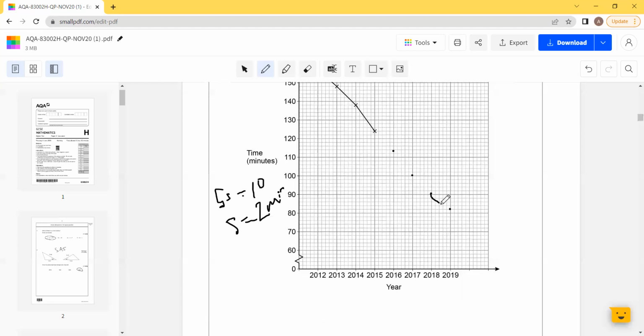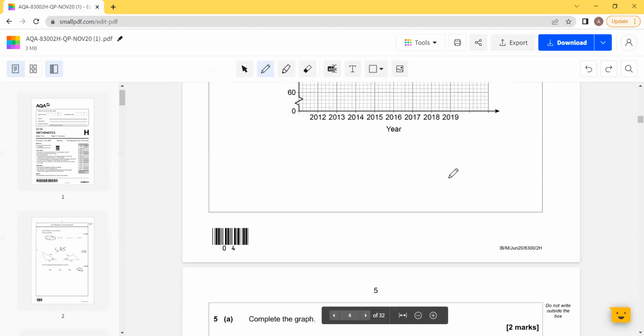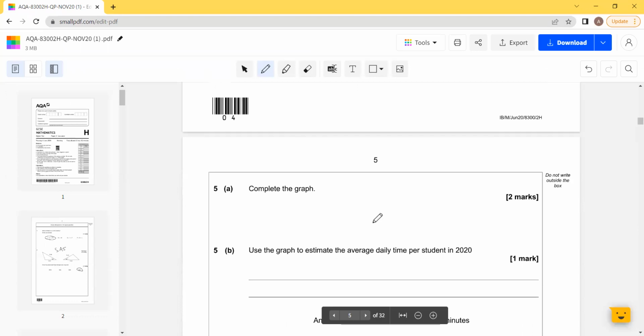So we're going to complete the graph. Draw a line, and then just go through all the points. Okay, let me do that again. Just try to do it properly. Okay, there we go.